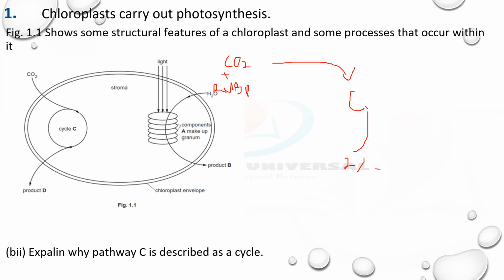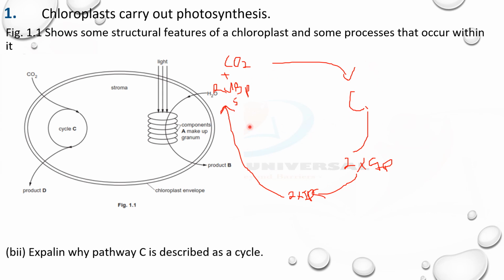These 2GP molecules are 3-carbon compounds, while RuBP is a 5-carbon compound. So you can see all these intermediate molecules. This gives us 2TP, triose phosphate, and the TP is used to regenerate RuBP. So you can see this is a cycle. All these intermediates are always present. RuBP is regenerated. That's why it's a cycle.